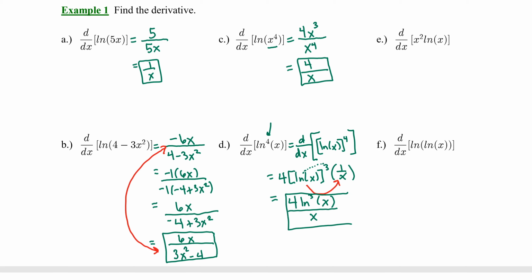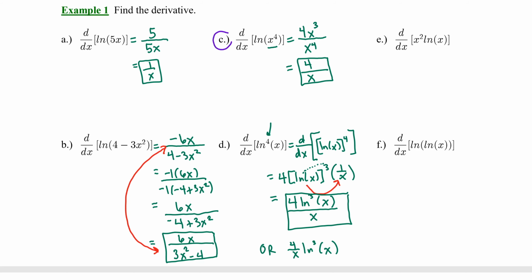So that is a simplified derivative. Also, if you prefer the fraction notation, you could write it as 4 over x times natural log cubed of x. That's also acceptable. Make sure that when you present the derivative, it is always in simplified form.